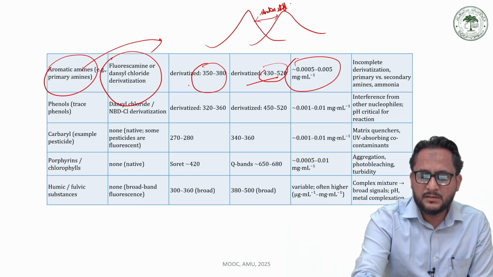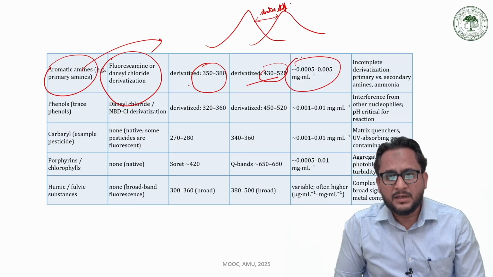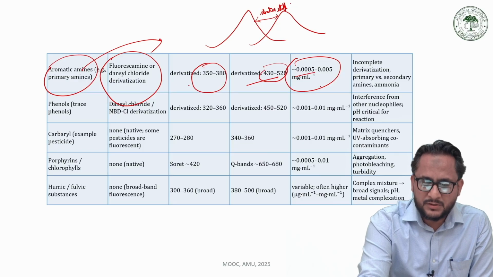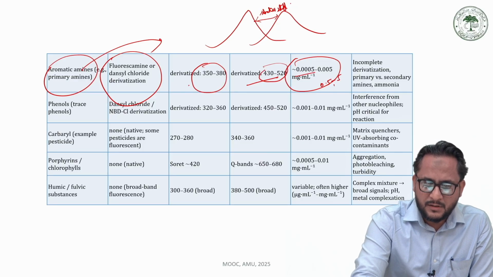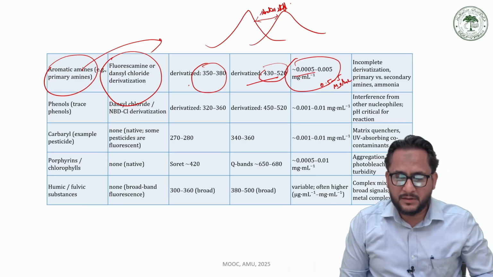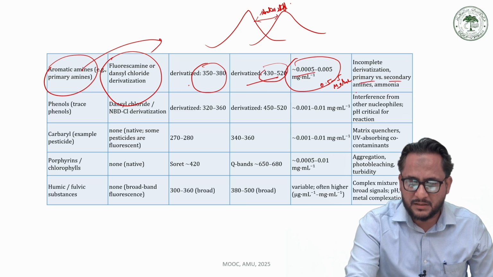And still these derivatization methods are highly sensitive. We can go up to very low concentrations, again 0.5 to 5 microgram per ml. In some cases we have incomplete derivatization, or we have primary and secondary amines as well.